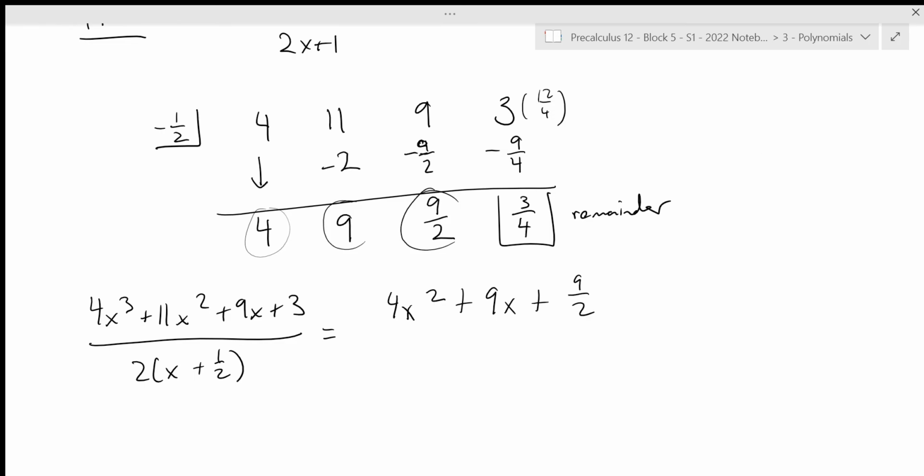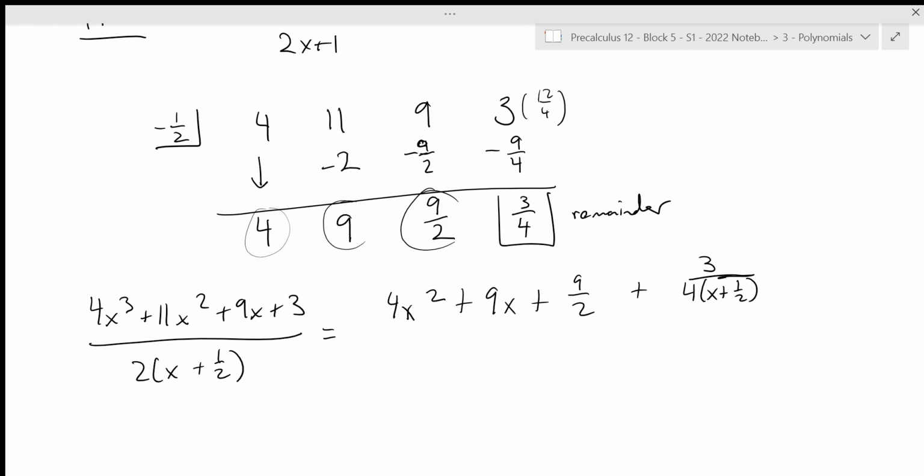Now I have a remainder of 3/4, so that is 3/4 divided by x plus 1/2, so that's 3 over 4 times x plus 1/2. Dividing by x plus 1/2 is the same thing as multiplying by 1 over it.